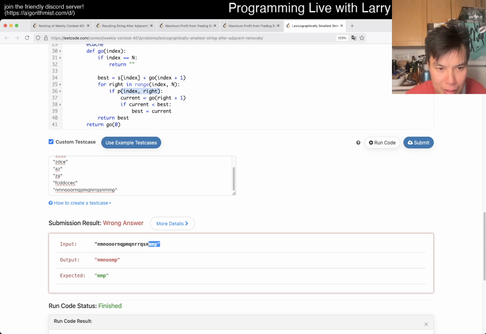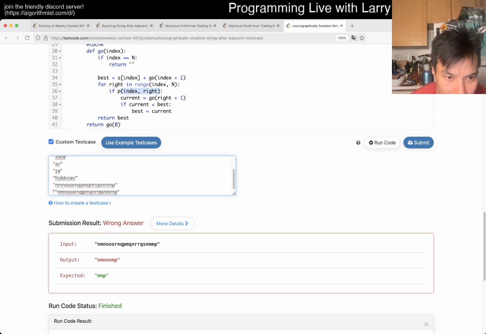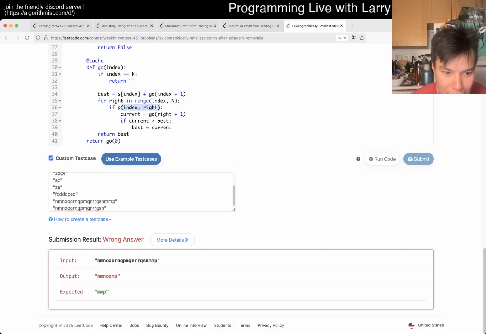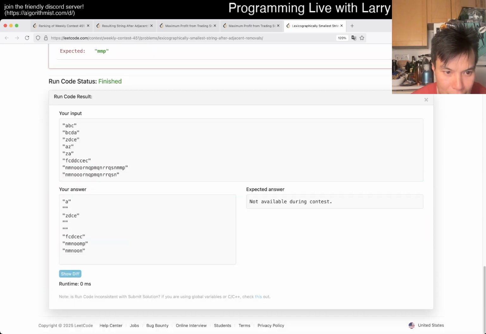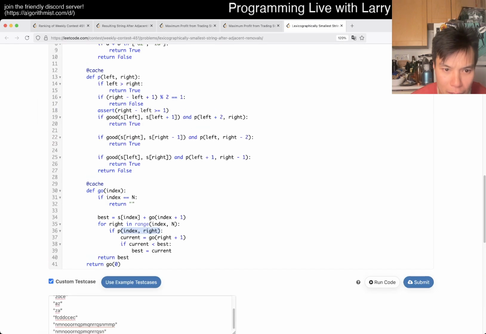Is it just this? Can all this be, like, can that be removed? No. M and N O, right? N O. So why is this not removable?